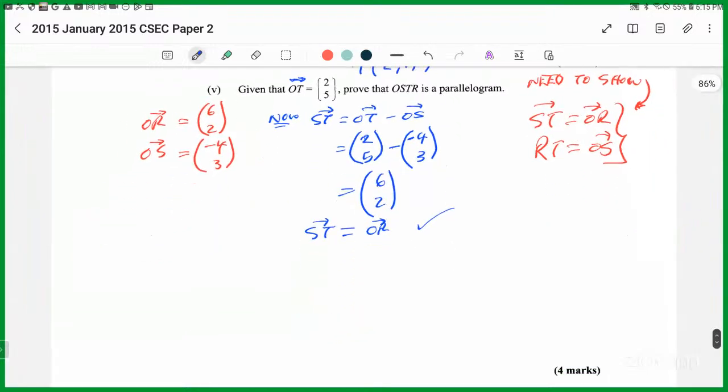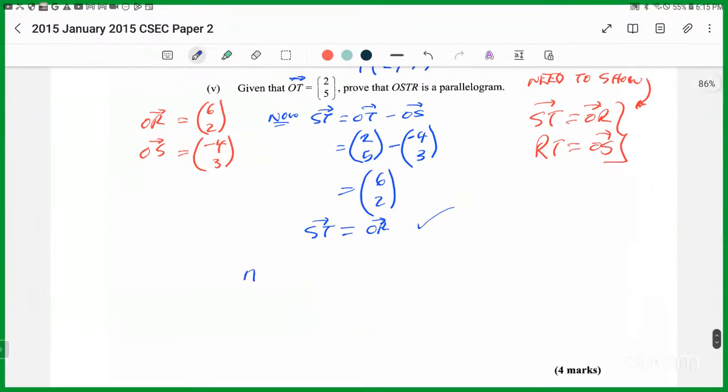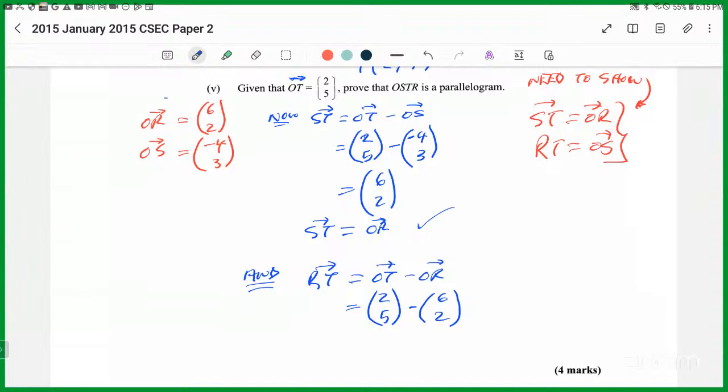The second thing we need to show now is the other one, right? Another thing we need to find out is RT. RT is OT minus OR. And OT again is 2, 5. The OR is 6, 2. So this now becomes 2 minus 6, which is negative 4.